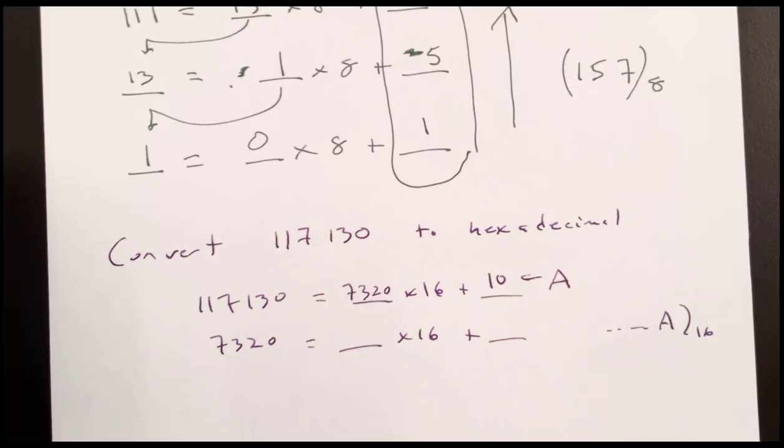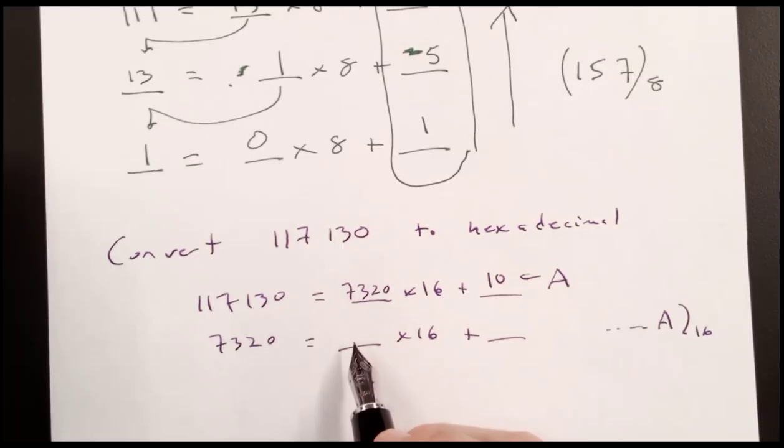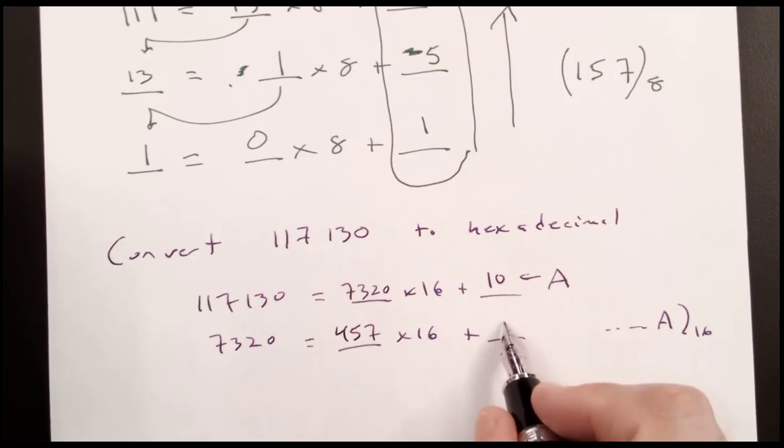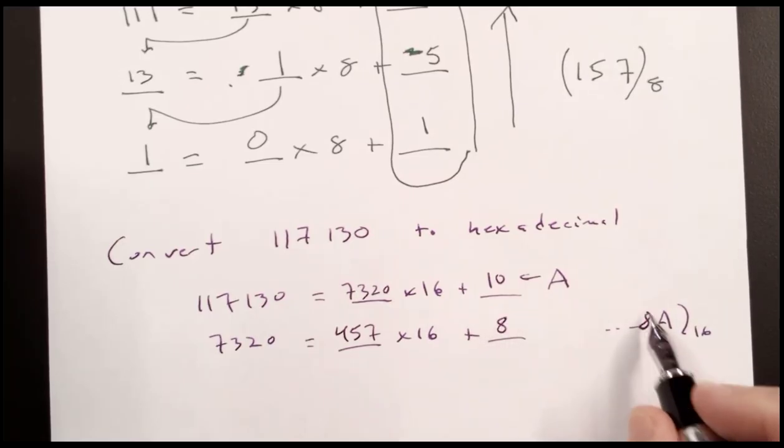Wait, that's not the number I'm getting at all. I just read it wrong. 7,320 divided by 16 is 82.5? Wait, no, I didn't know. I'll agree with the 0.5. What's the quotient? 457. Aha. The 0.5, therefore, is half of 16. Half of 16 is 8. That's my next digit.